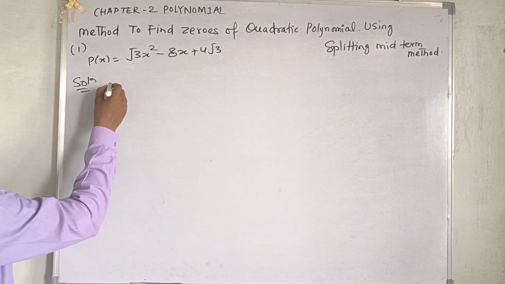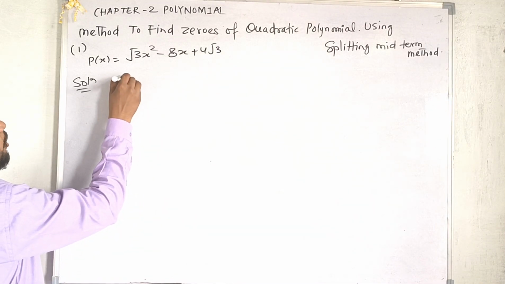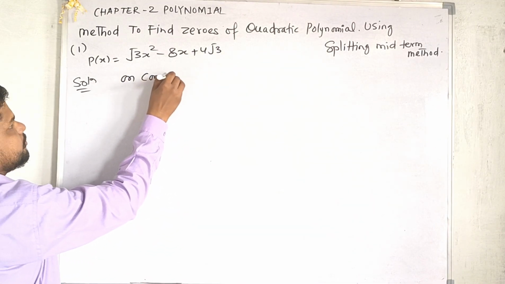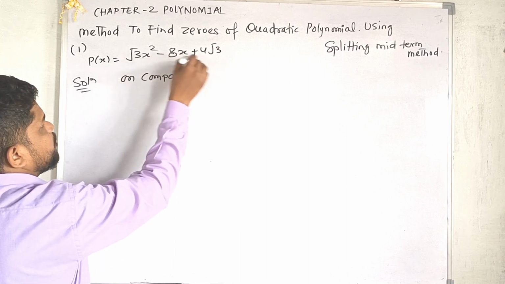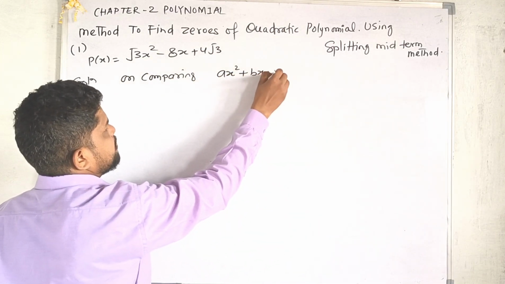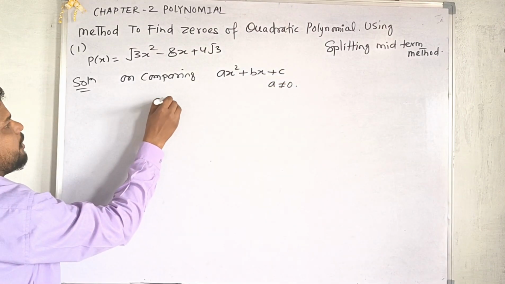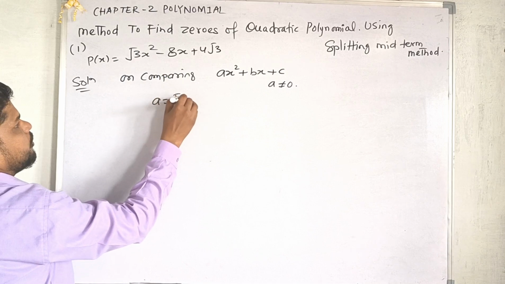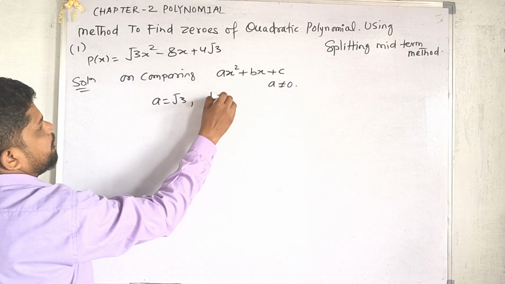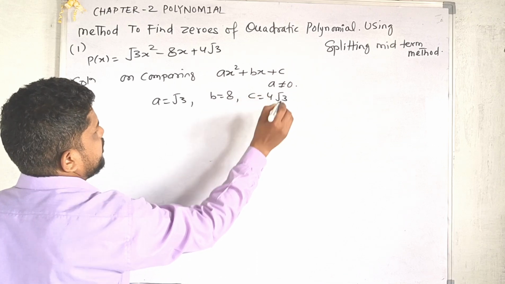So basically we will do the same steps, comparing this polynomial to ax square plus bx plus c, where a is not equal to 0. Here the value of a is root 3, the value of b is minus 8, and the value of c is 4 root 3.